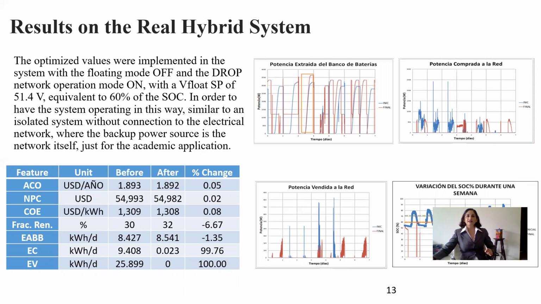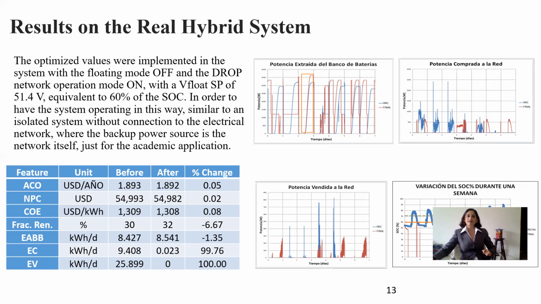As we can see in the table, annual operating cost was reduced by 0.05%, the net present cost by 0.02%, the cost of energy by 0.08%, and on the other side, the renewable fraction increased by 6.67%.